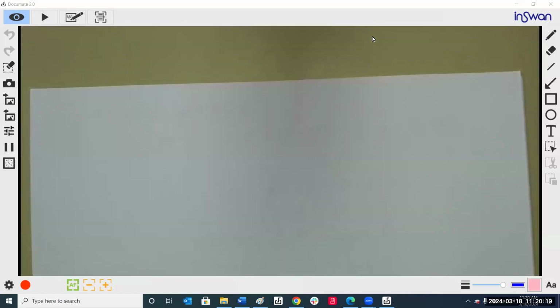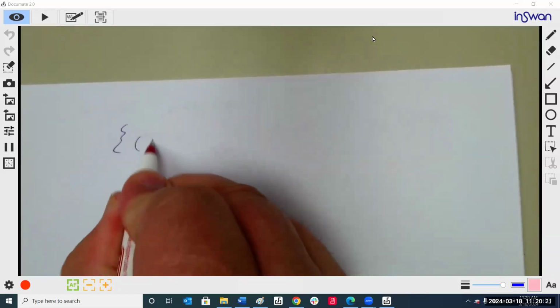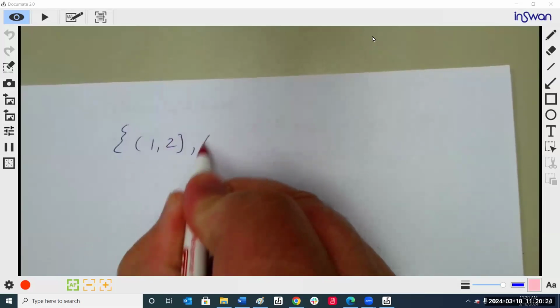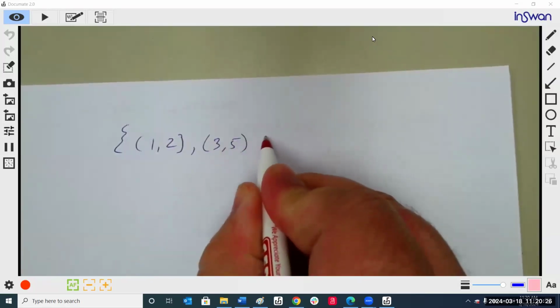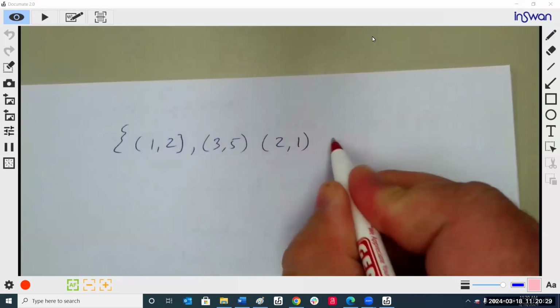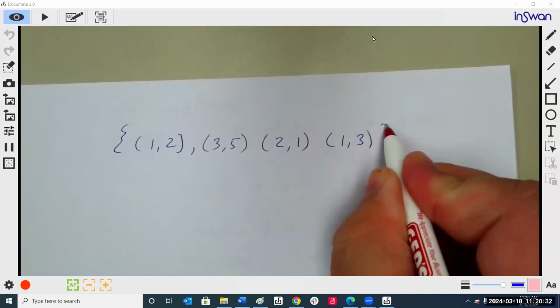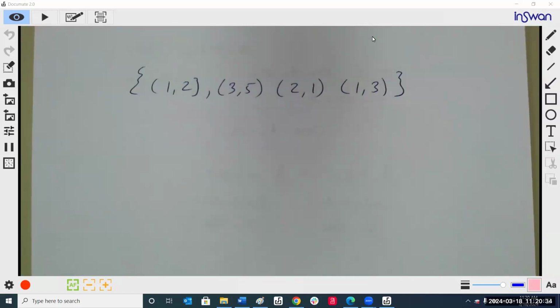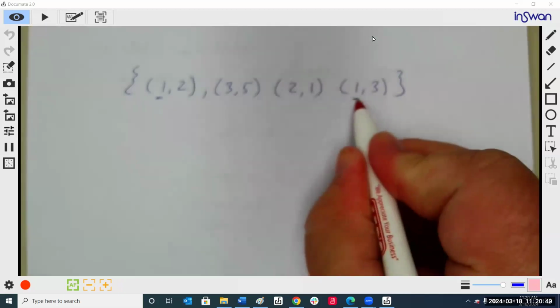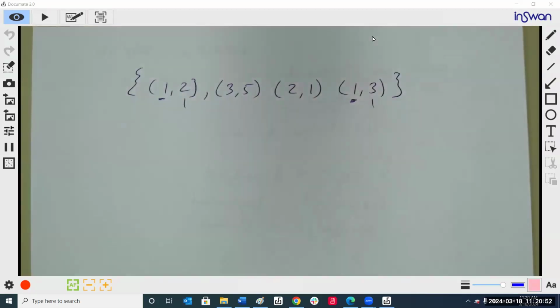So let me look at the other ways that would define one-to-one. Here's a set of numbers. Are these points one-to-one? Why not? There's two of the same X. Yes, there's two same X values, but they have different Y values.